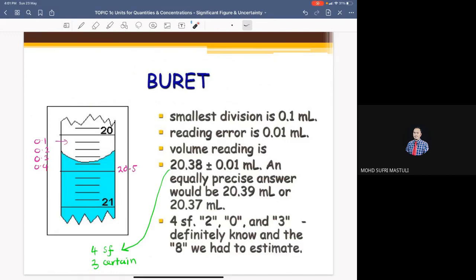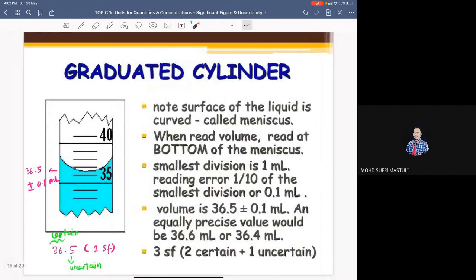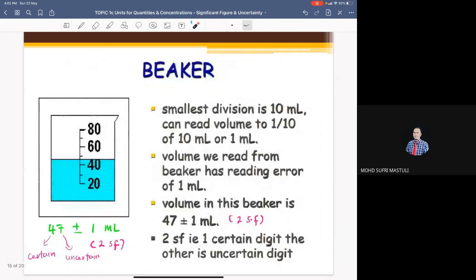So there is only one uncertain digit, which is number 8, that we have to estimate. Okay. All right. So you have to remember the reading error is based on the smallest division.